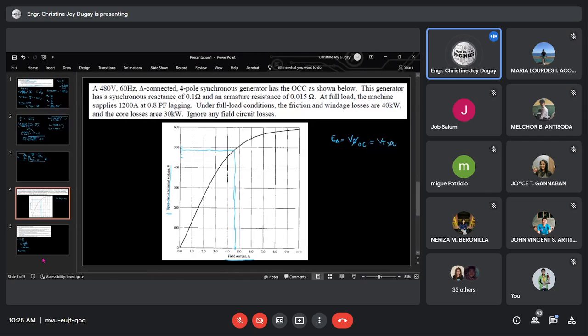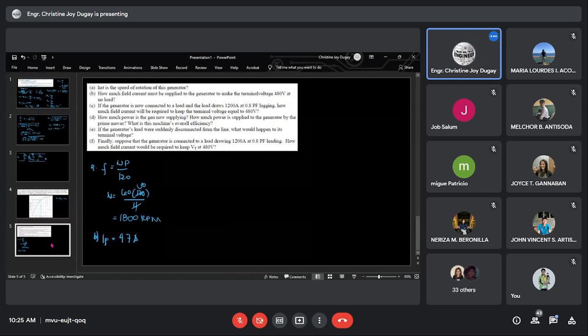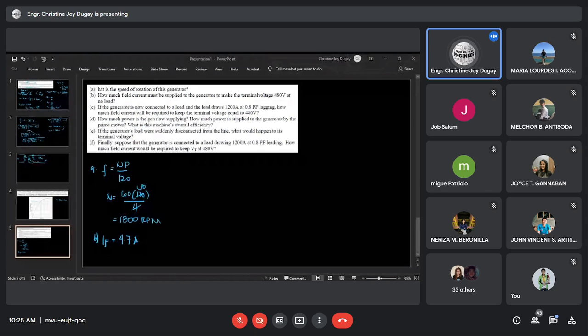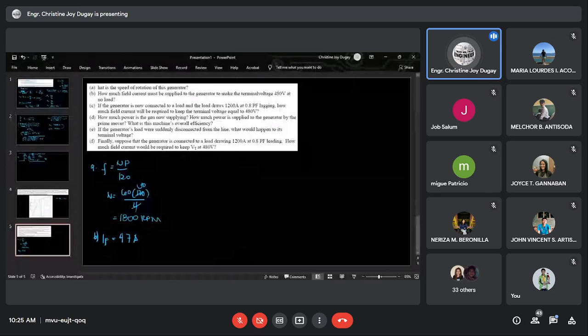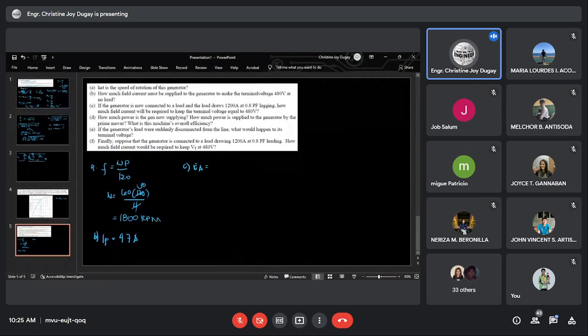So since sa tanong dito kanina, terminal voltage equal to 480. So ang kailangan nating hahanapin po dyan is the value of EA. So kung si EA po natin, paano po natin isa-solve ang value ni EA?